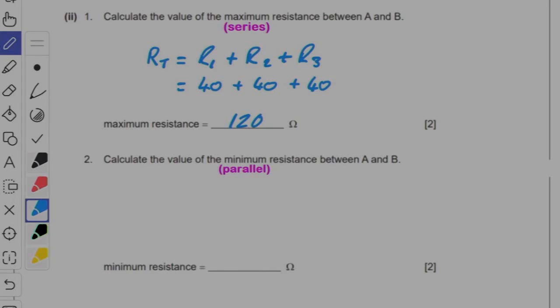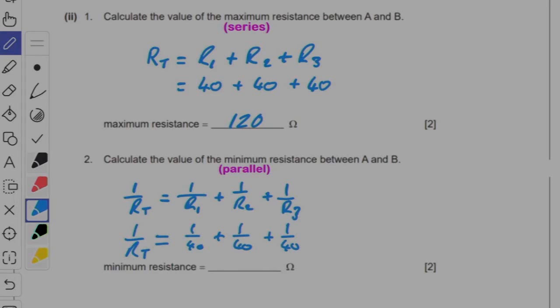Now, when we put them in parallel, we're going to get a different equation. We get the more complicated version of the equation for when we put stuff in parallel, that 1 over R total equals 1 over R1 plus 1 over R2 plus 1 over R3. And filling that in gives us 1 over 40 plus 1 over 40 plus 1 over 40 equal to 1 over RT.